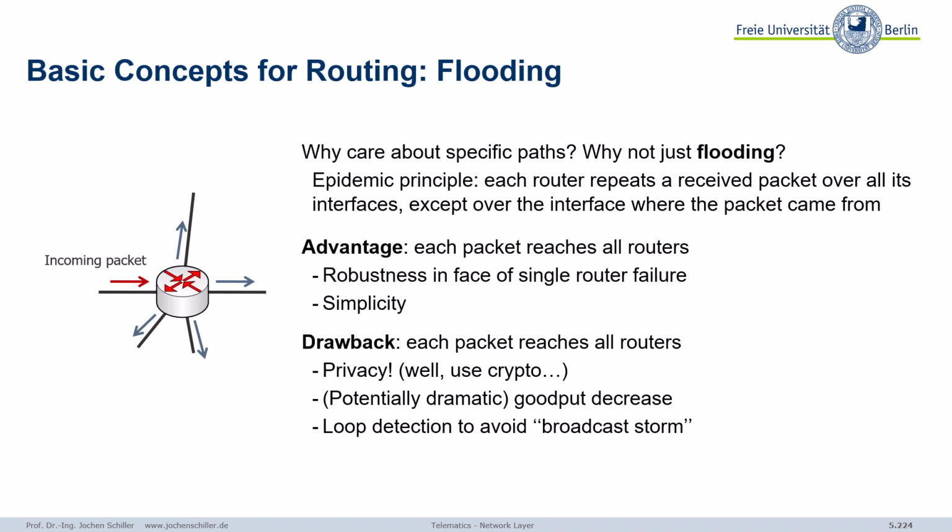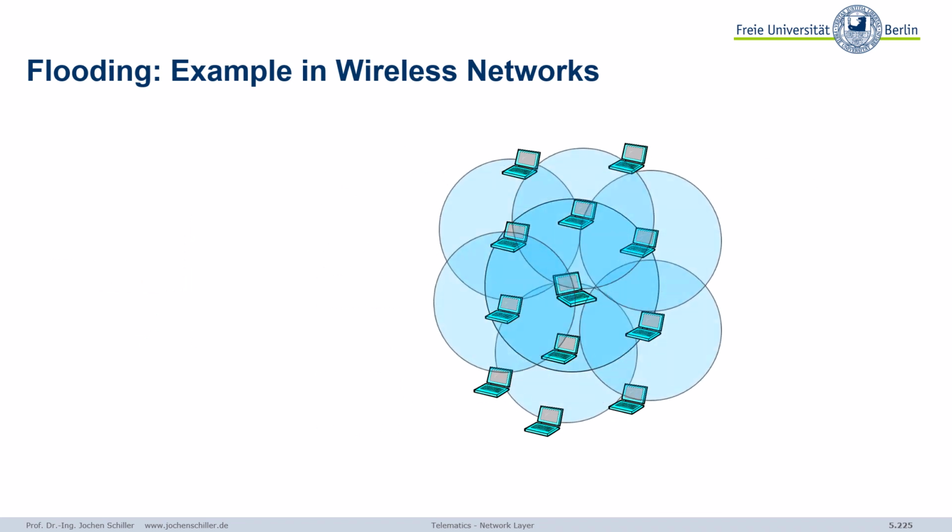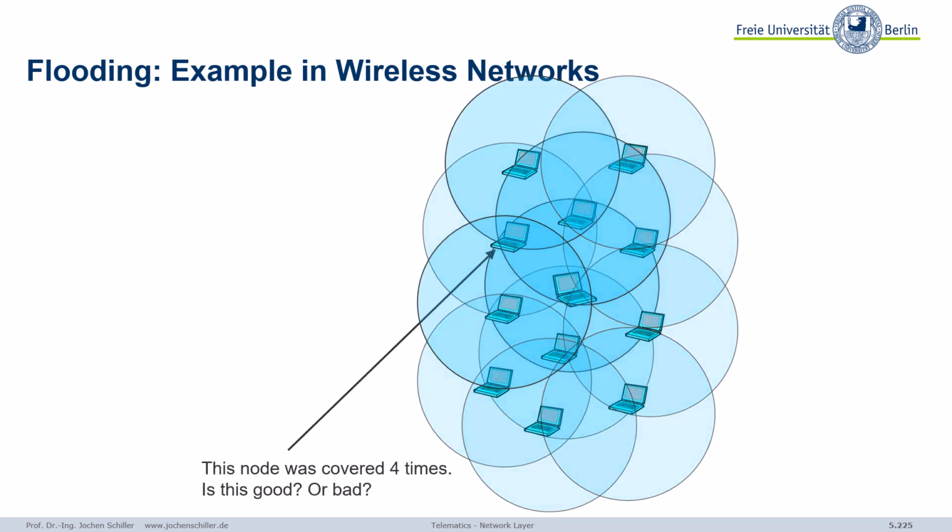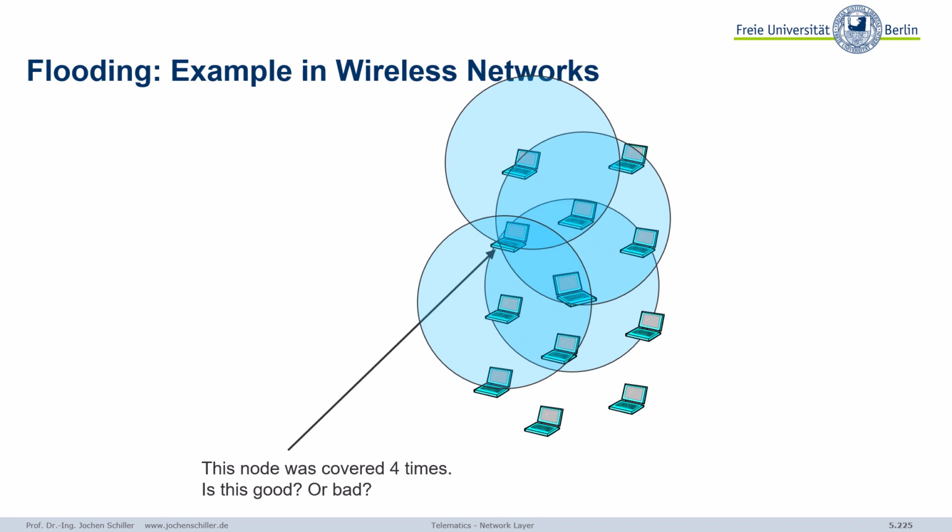But flooding, well, sounds very stupid because of this extreme decrease in the throughput, because you have so much traffic, you cannot just send all the packets. But at least that is the best you can do if you don't know anything about the network, especially in wireless networks. Sometimes you have an automated flooding built in.